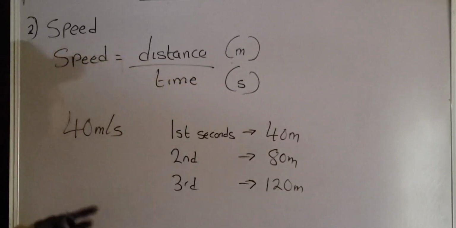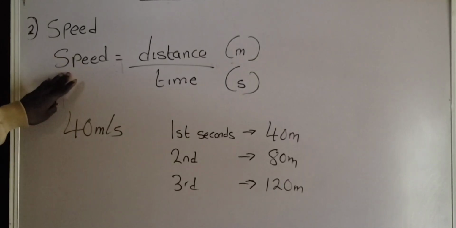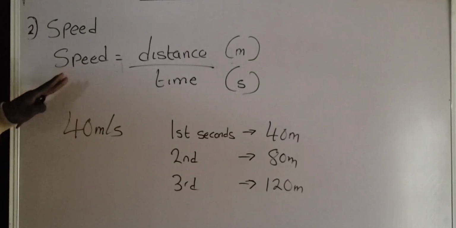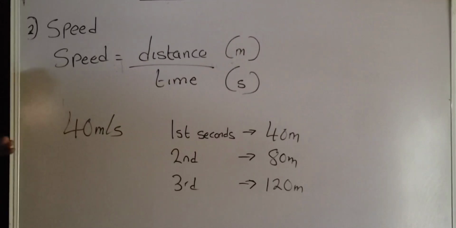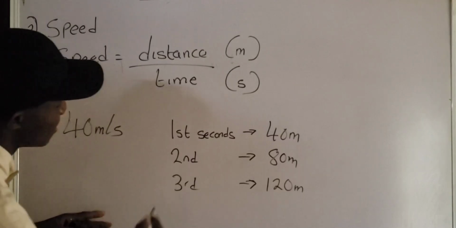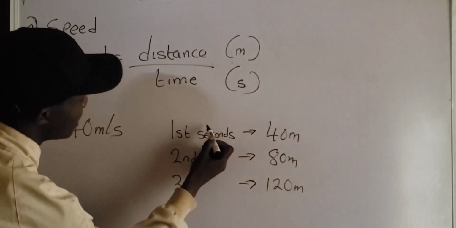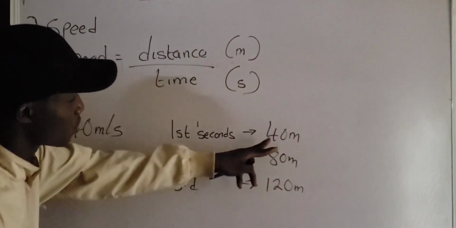So the distance tells us how fast the distance of an object is changing with respect to time. No, the speed. Please take note, I made a mistake. The speed tells us how the distance of an object is changing with respect to time. Now look at this. At 1 second, the distance is 40 meters.